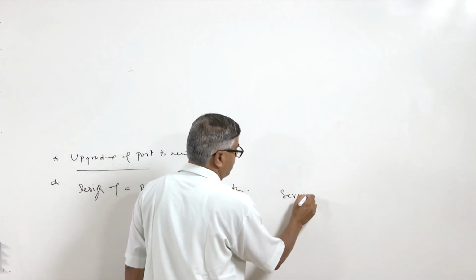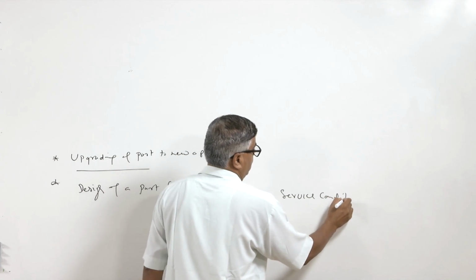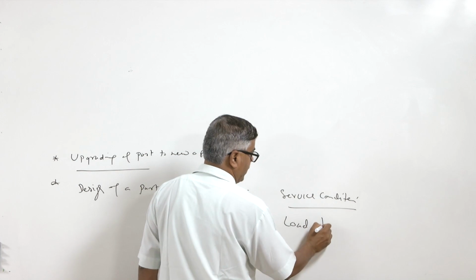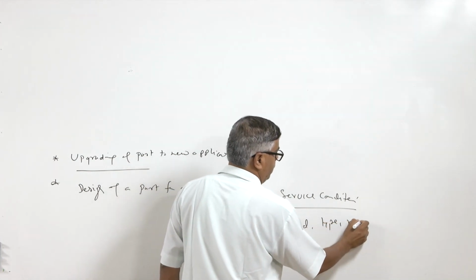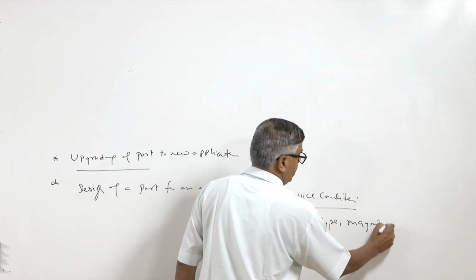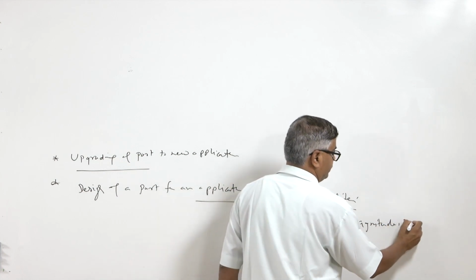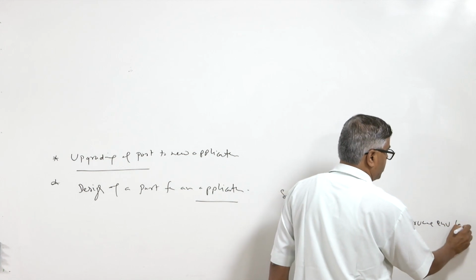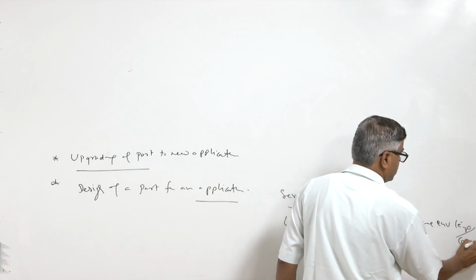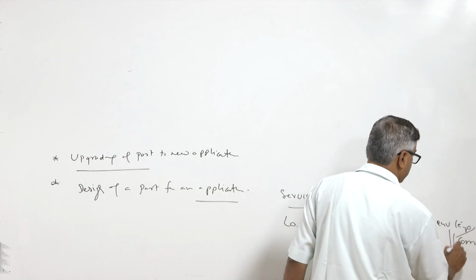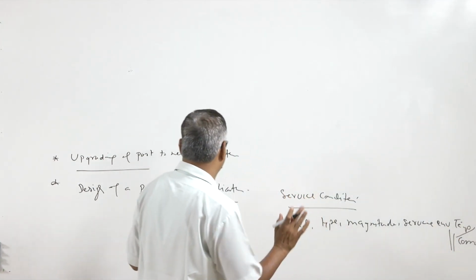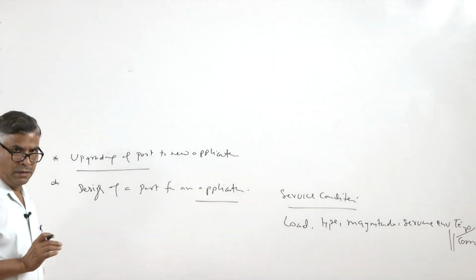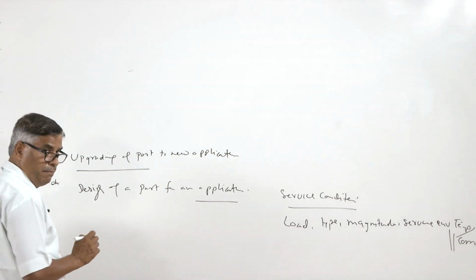We consider the service conditions, which for the mechanical design are primarily in terms of the load, like the type of the load, magnitude of the load, and then service environment, like in the form of temperature or corrosion. All these need to be considered when we are talking about the design to be developed for a given application.